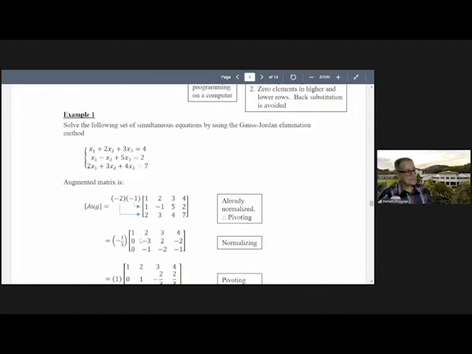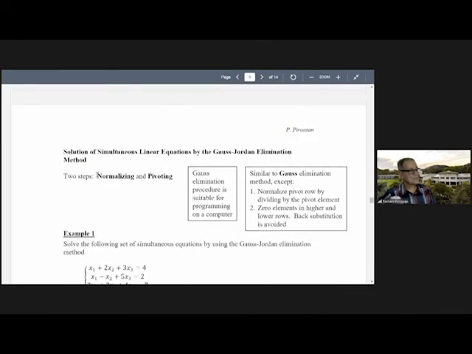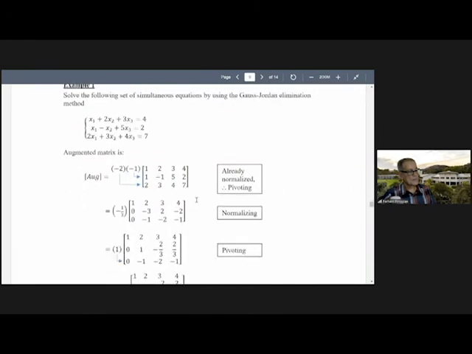Next step is to look at this diagonal term here. I want to make it 1, normalizing. Again, remember 2 steps: always normalize, pivot, normalize, pivot. I want to make this term 1. What should I do? Question for you. Somebody tell me.